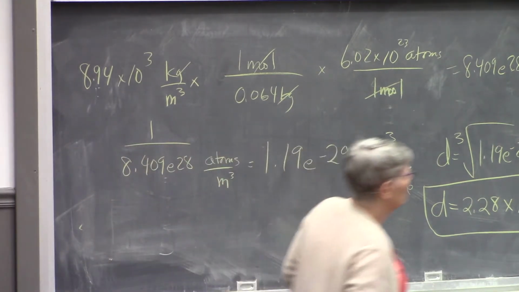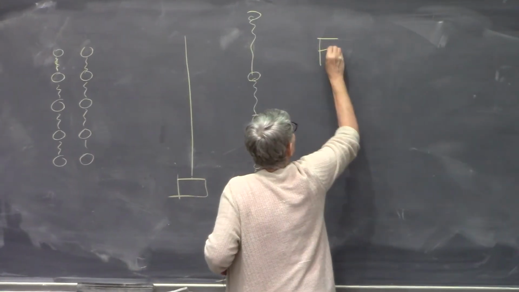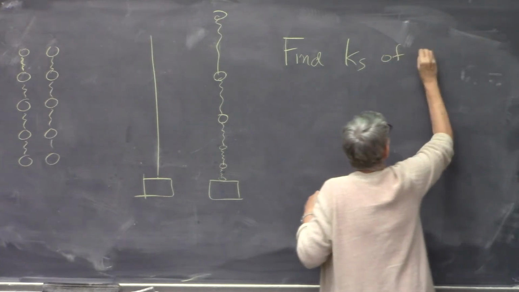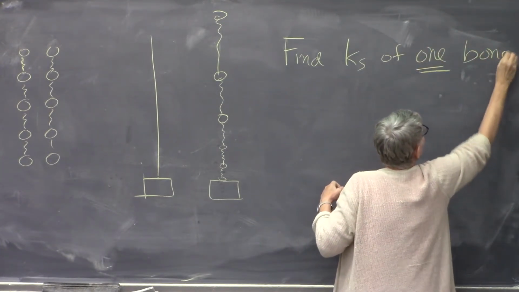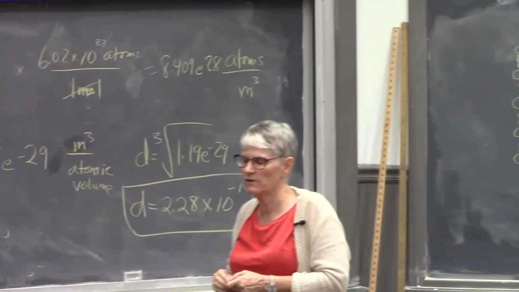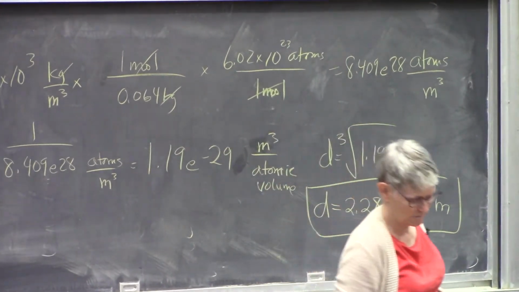So, problem, find the spring stiffness of one bond. And to do that, we have to think about what happens when you chain lots of springs together.